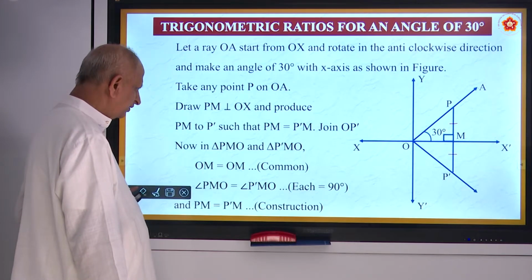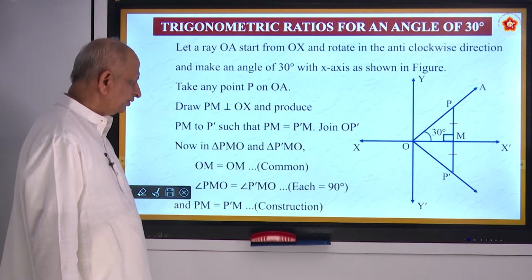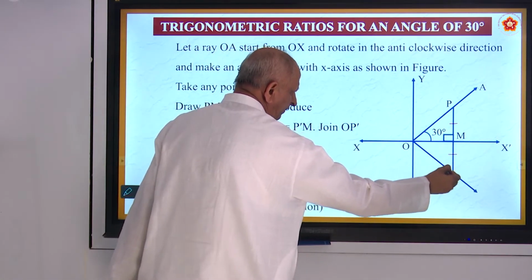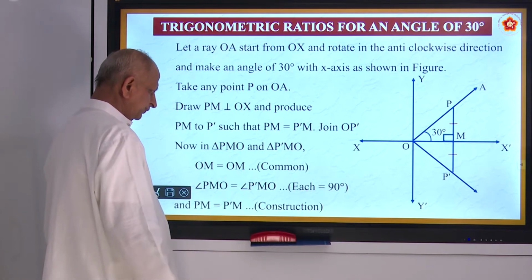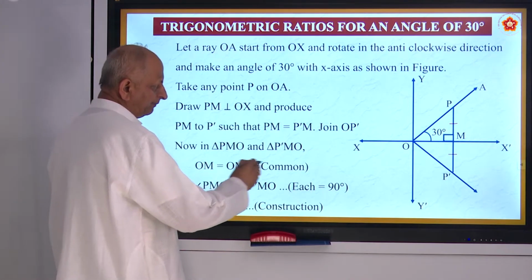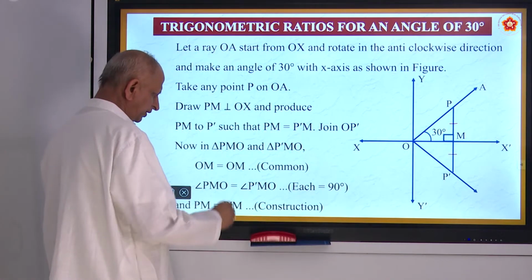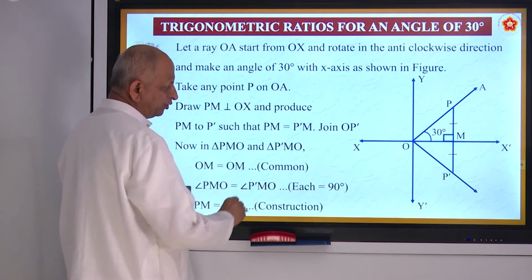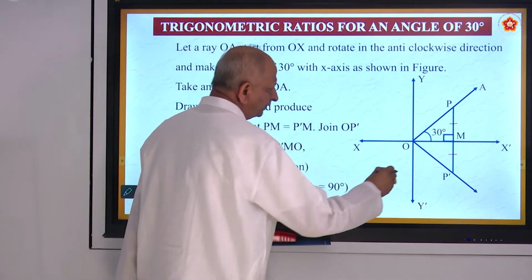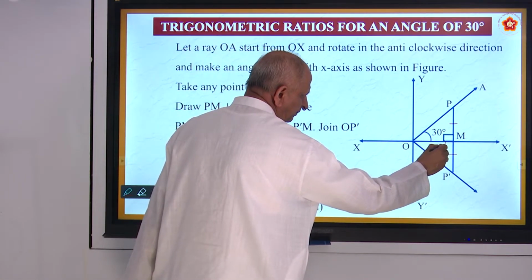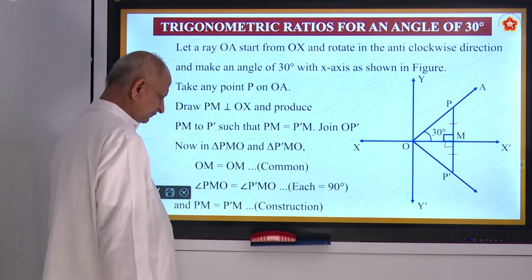So now you may think why this is required. That is, to find the ratios. So now in these two triangles, PMO and P dash MO, you have OM is equal to OM. So OM is common to both. Angle PMO and P dash MO are equal. PMO is 90 degrees, P dash MO also 90 degrees.